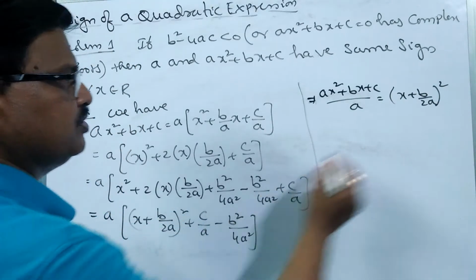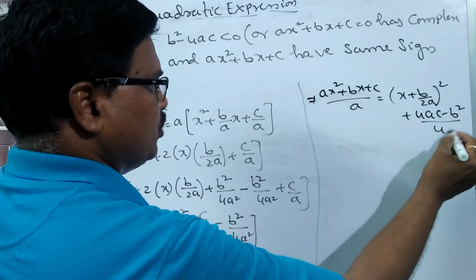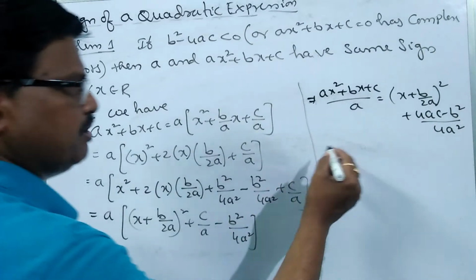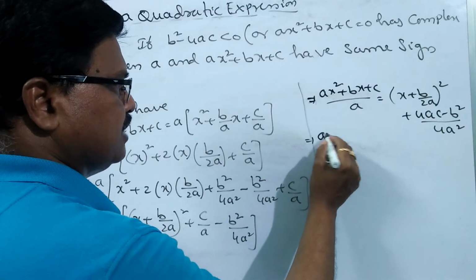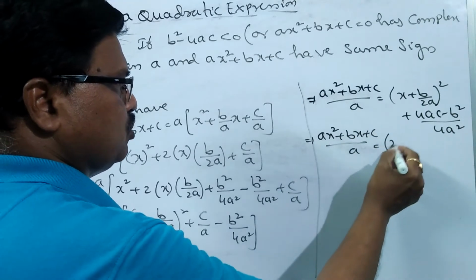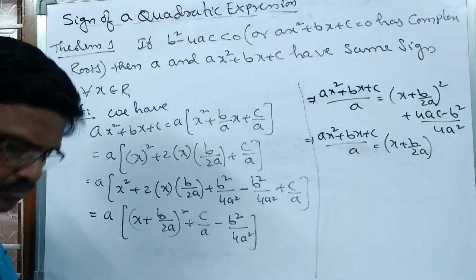If you take LCM for these two terms, you are going to get 4ac minus b square by 4a square. So this implies ax square plus bx plus c by a is equal to x plus b by 2a whole square plus 4ac minus b square by 4a square.